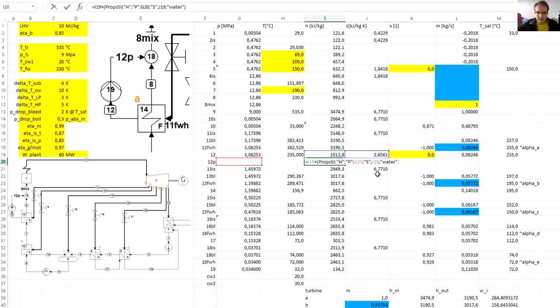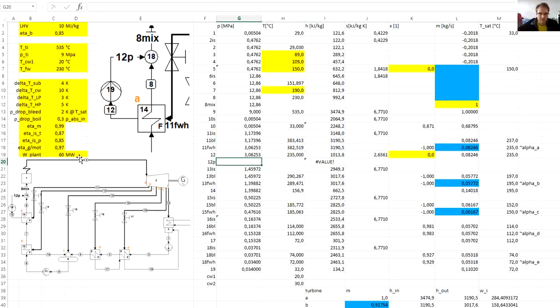So that's the ideal enthalpy. We need the enthalpy difference, so it's this one minus this one, and the whole difference is divided by the isentropic pump efficiency.